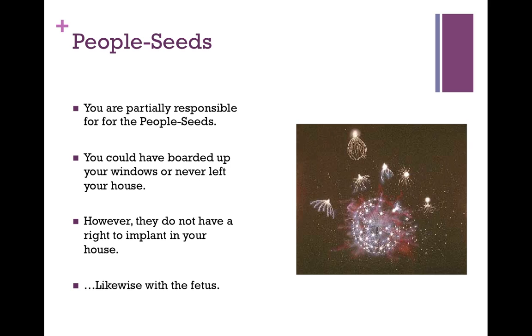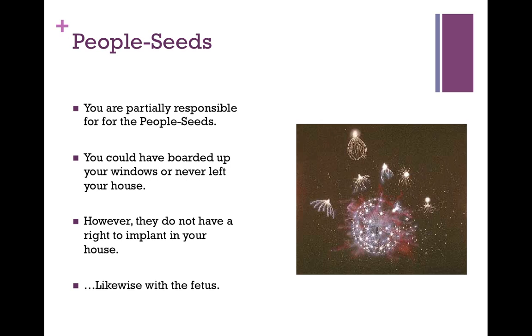You can see where she's going. It's kind of obvious. And so she's trying once again here to draw a parallel between the fetus and the people seeds. So really and truly, this example of the people seeds is designed to shore up some elements that weren't completely addressed with her violinist example.